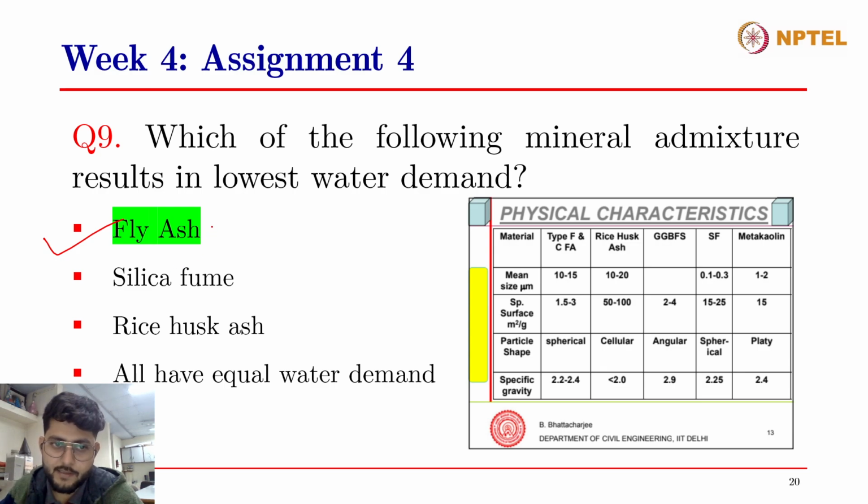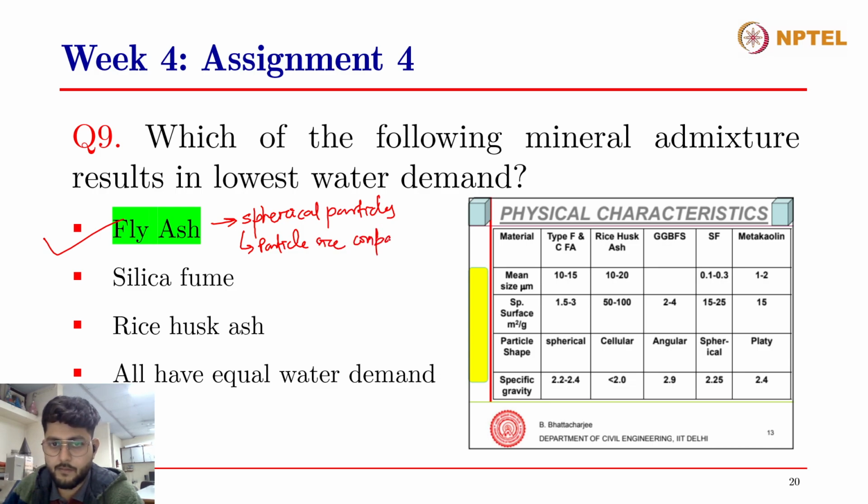So fly ash has a spherical particle morphology. The particle sizes are comparable to that of cement, and therefore the specific surface area is low.